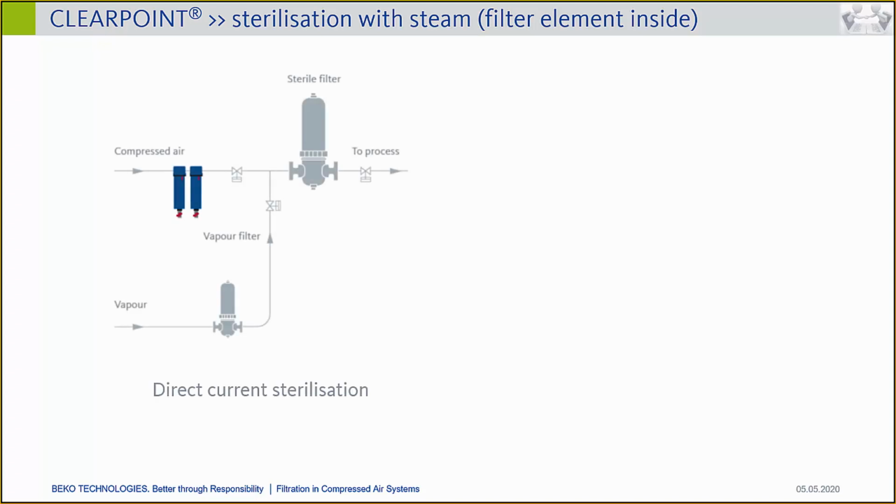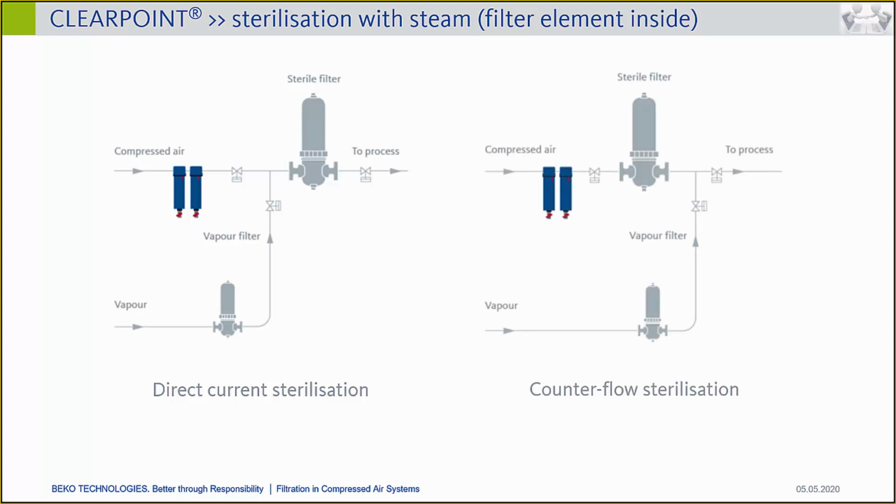Considering the sterilization process, there are two processes possible. Or three processes are possible, in fact. So on one side we have the so-called direct current sterilization process, and on the other hand we have the counterflow sterilization. So what is the difference in that purpose?